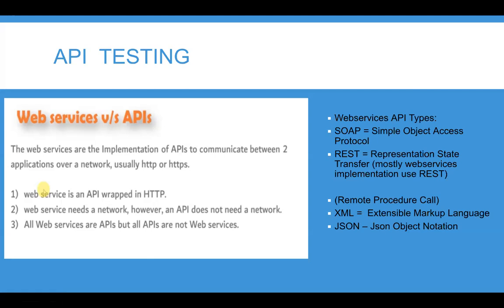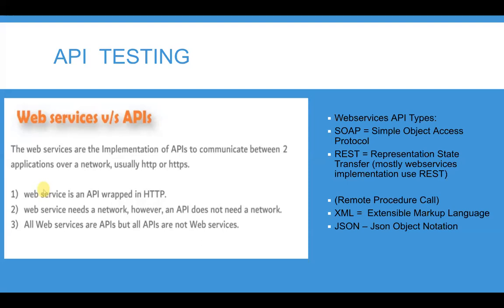Web services are an API wrapped in HTTP. As I said, an API makes use of the HTTP network to communicate. So web services need a network. If you have your pricing service, which I explained with Sainsbury's, as an analogy of the bank, where your database and your information are stored, it needs a network.